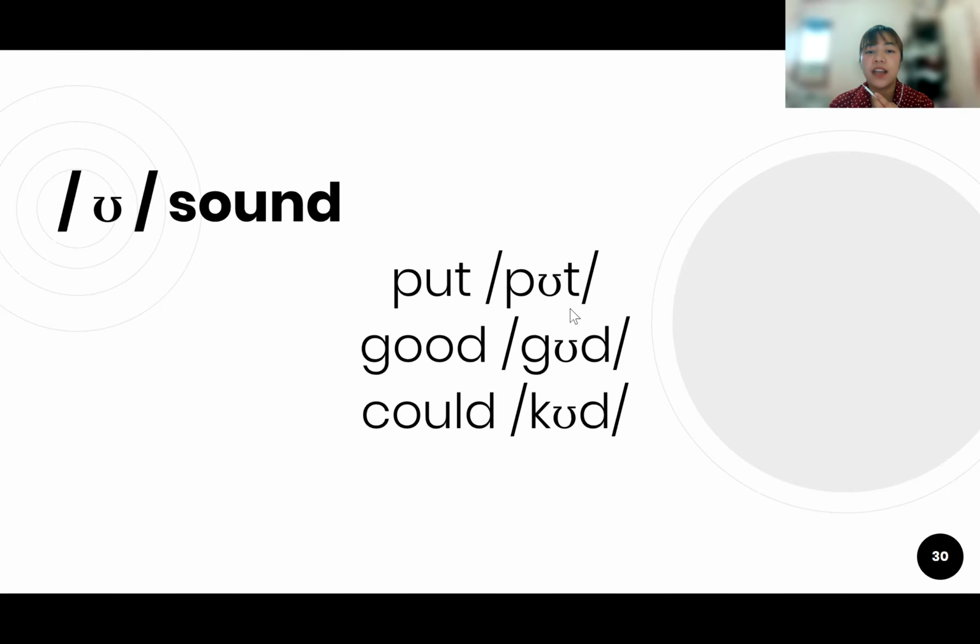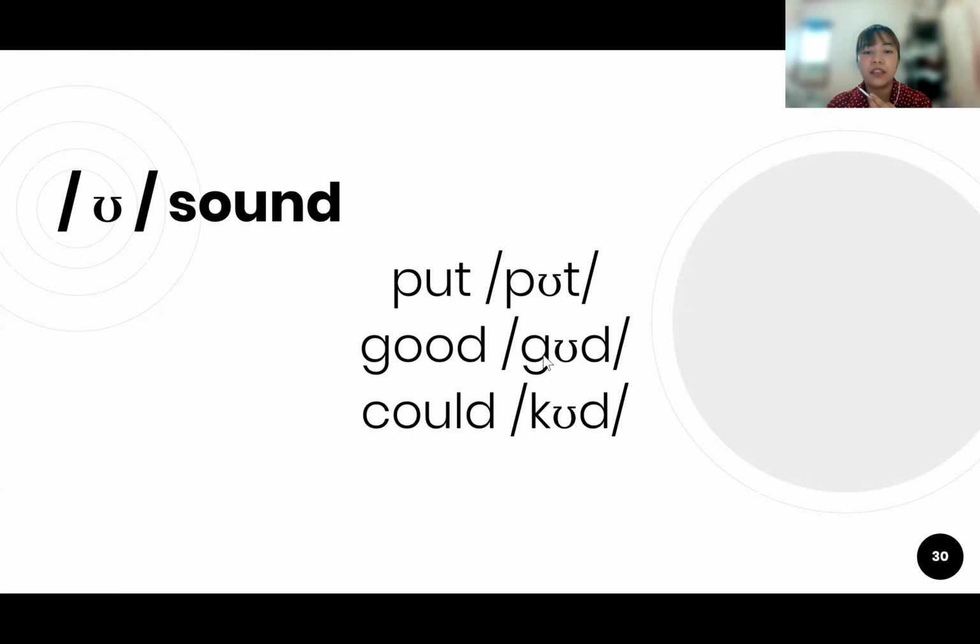For example, these words in IPA transcription. The sound P is still spelled out using the letter P. Your U, since it's just the short U sound, this is the symbol. We make use of this one for put. And then your letter T is still sounded out, and the symbol for your T sound is still the letter T. And we also have your other example, good.